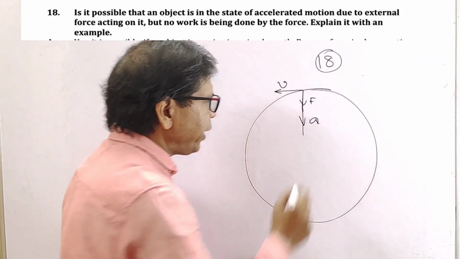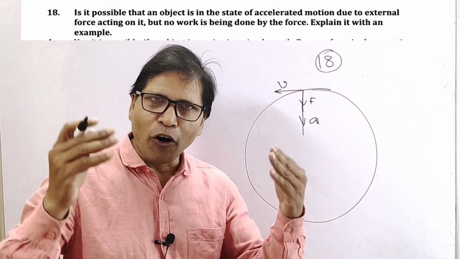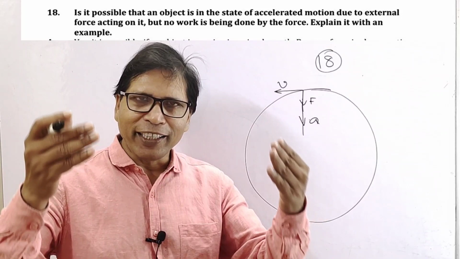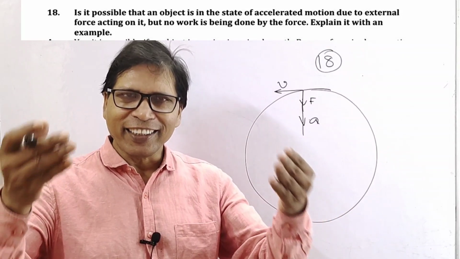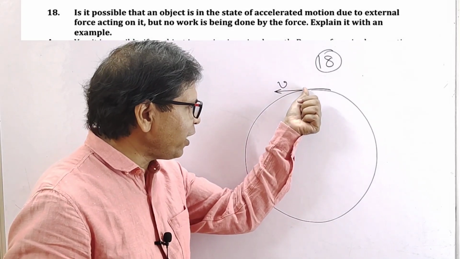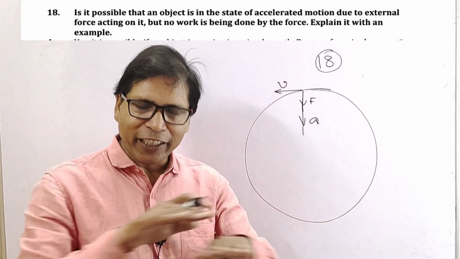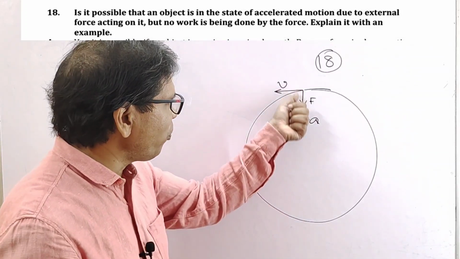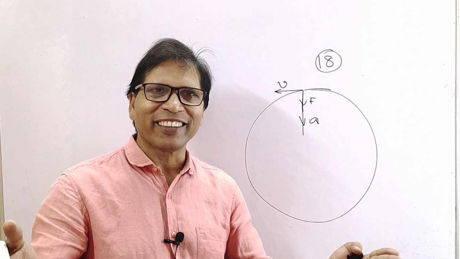So the body has acceleration towards the center, but this acceleration is always normal to the direction of motion. So work done is 0, because the force acting is the centripetal force, and centripetal force is always normal to the direction of motion. So it is a no work force.